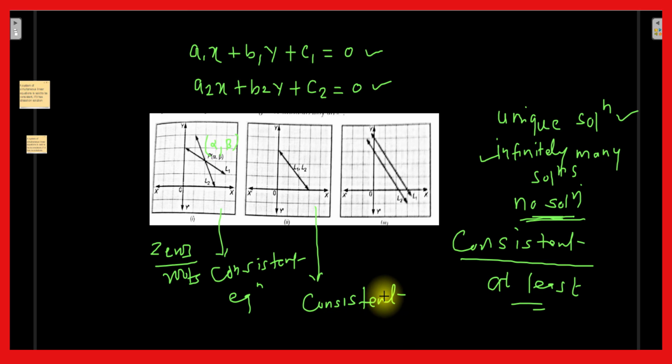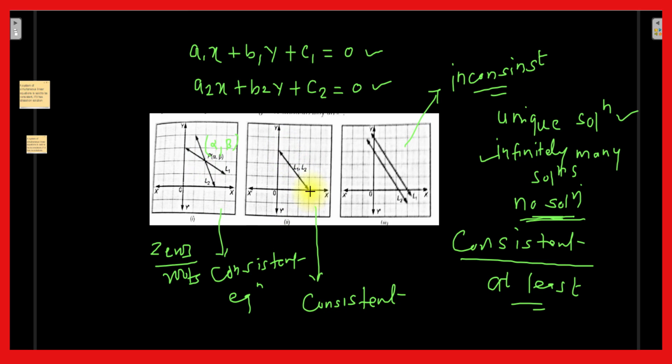And this has no solution. What is the definition? At least one solution should be there, and this has no solution, and therefore we will call it an inconsistent pair of equations. So when there is one solution, it means the two lines intersect at one point, then that pair of linear equations will be called consistent equations.